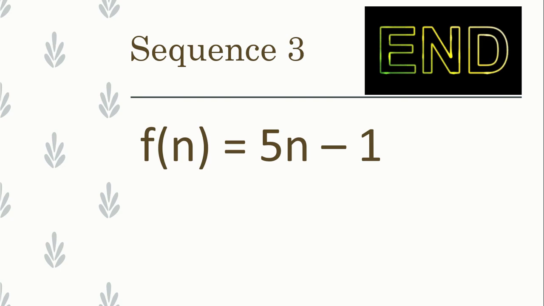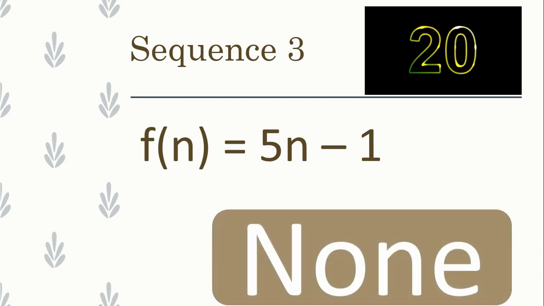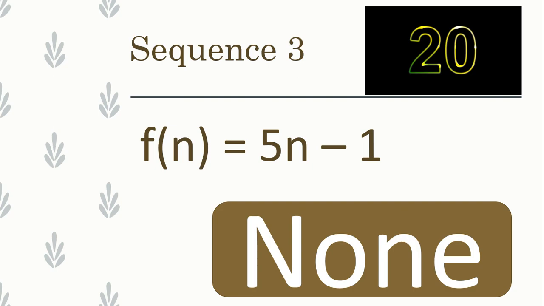Okay, time's up. Let's now check whether your answer is correct. The answer is none. None of the terms generated by this rule is divisible by 5.